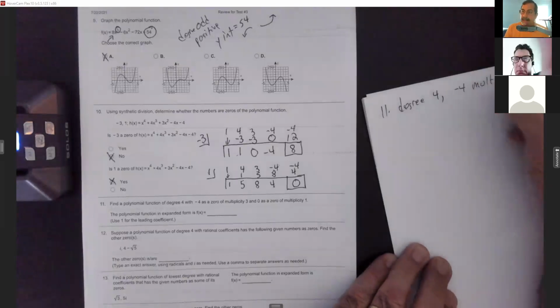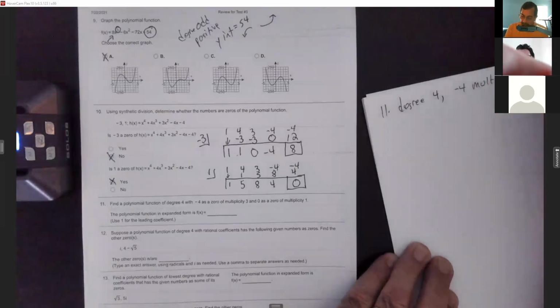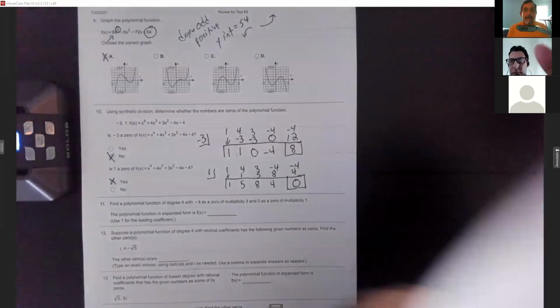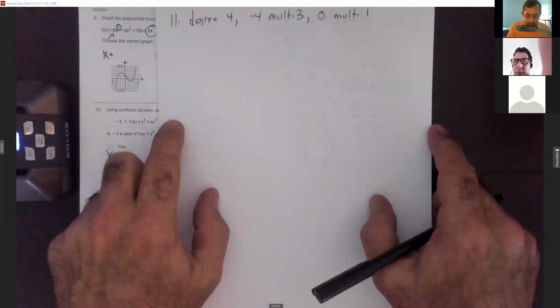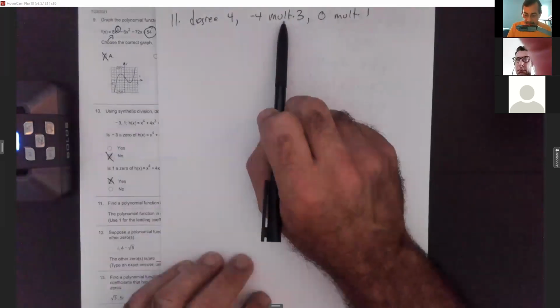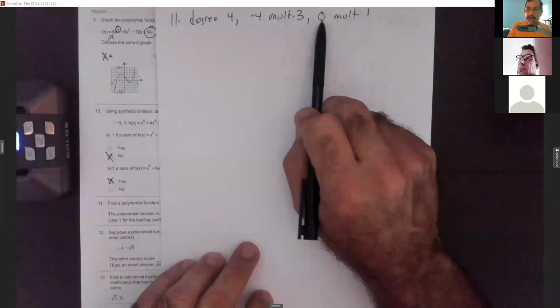So that means that 0 happens 3 times. And then it's telling me 0 is a 0, multiplicity 1 time. All right, so degree 4 polynomial, -4 is a 0, multiplicity 3. 0 is a 0, multiplicity 1.